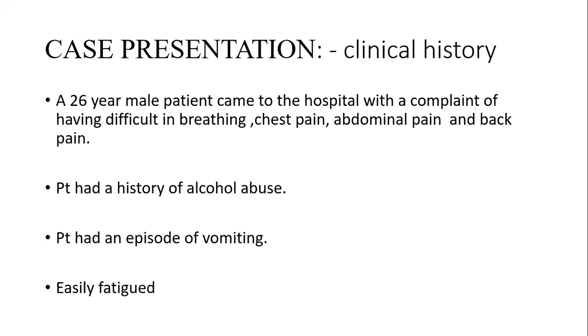Upon doing the echo, we discovered that the ascending aorta was dilated. From there, we were required to do an abdominal ultrasound for further management. The patient had a history of alcohol abuse. Then the patient had an episode of vomiting and was easily fatigued.